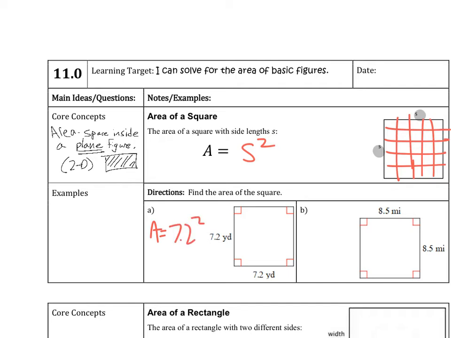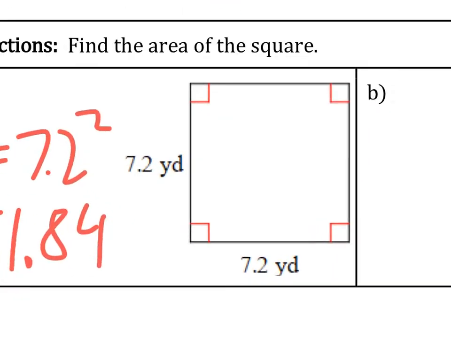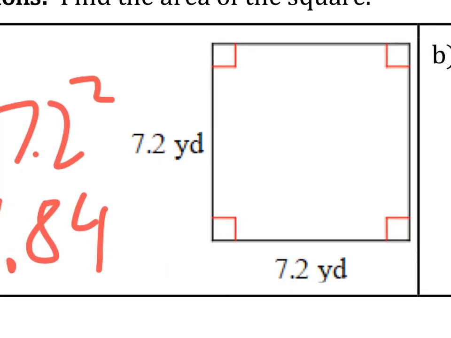7.2 squared. We're not going to necessarily do all of these, but just a couple examples. Here we get 51.84, and we need units. Units are real important. The units are square yards. So that's how many squares. If we were to break this up into 7.2, I don't think I could draw it exactly, but there'd be 7.2 little squares in here.